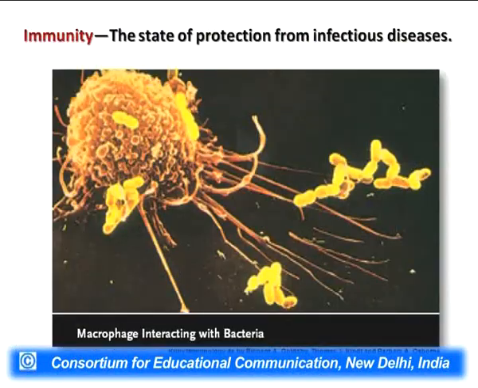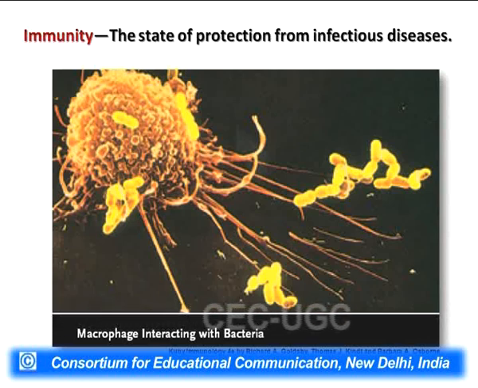Immunity is a state of protection from infectious diseases. If we say that a person has immunity to a particular pathogen, it shows that the person has immune system cells circulating within the body for that particular pathogen. Suppose we see the picture here where bacteria have infiltrated the body circulation system.